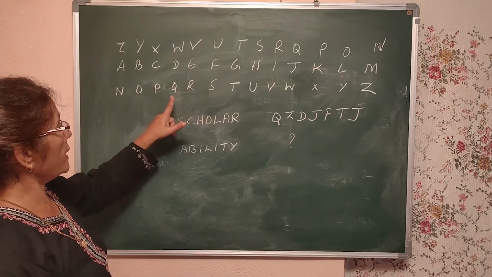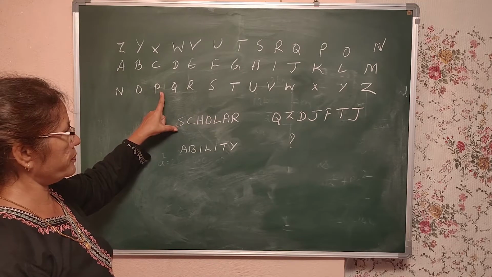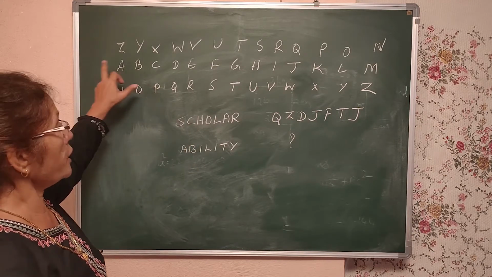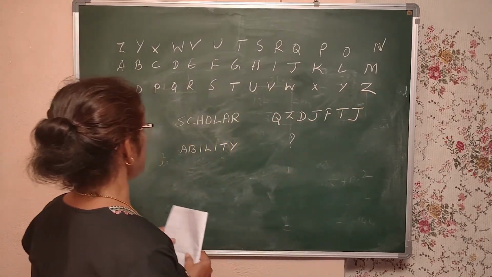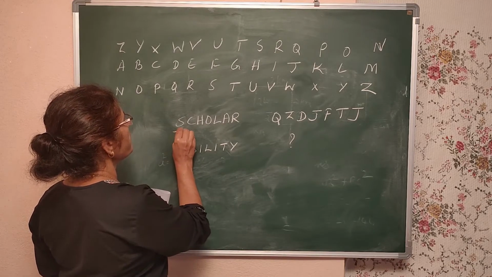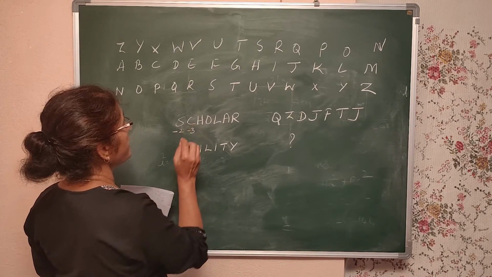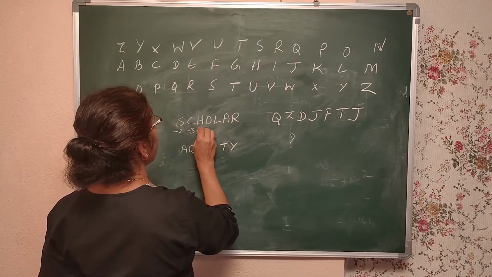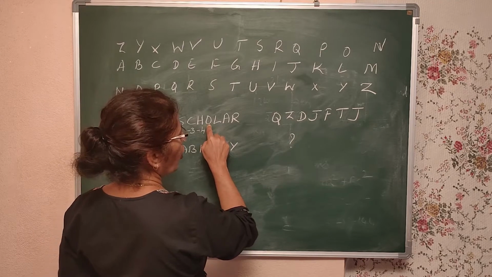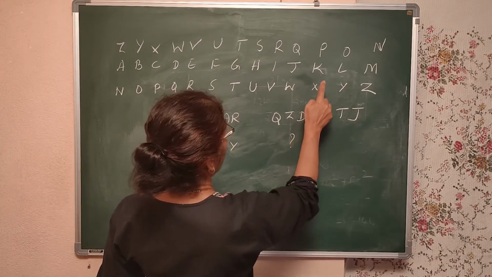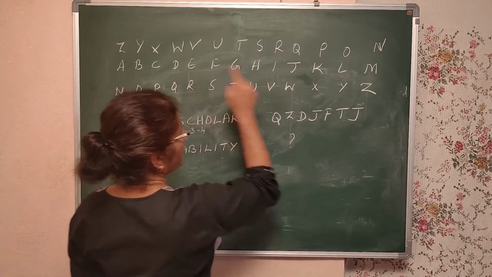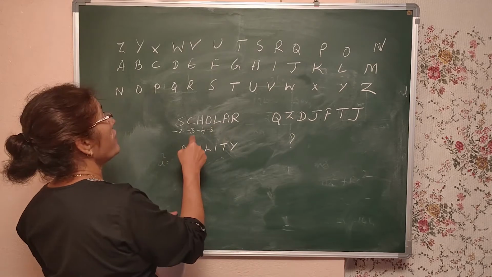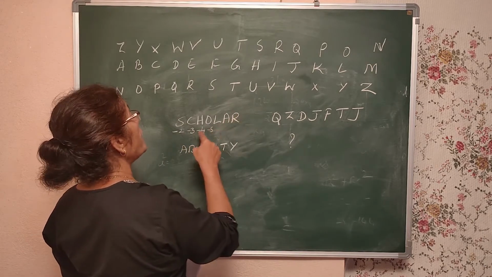S and Q: 1, 2, so minus 2. Coming to C and Z: 1, 2, 3, so minus 3. H is D: 1, 2, 3, 4, minus 4. O is J: 1, 2, 3, 4, 5, minus 5. Every alphabet need not be in the same order.